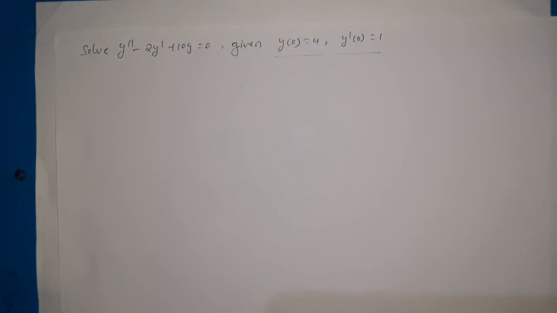Whenever we are using arbitrary constants like c1, c2, that solution is called the general solution of the differential equation, and whenever we give particular values for those arbitrary constants, then the solution is called the particular solution. So in this problem we need to find the particular solution of the given differential equation.